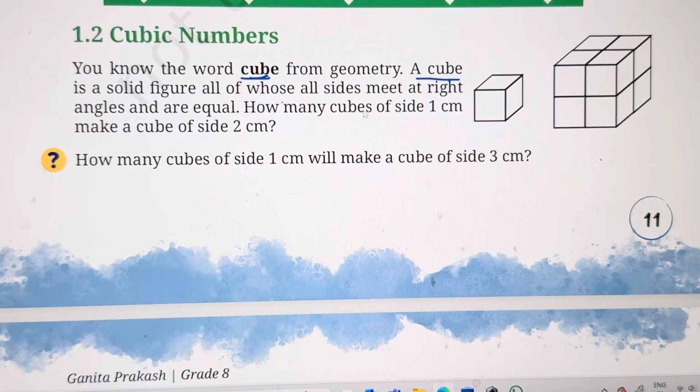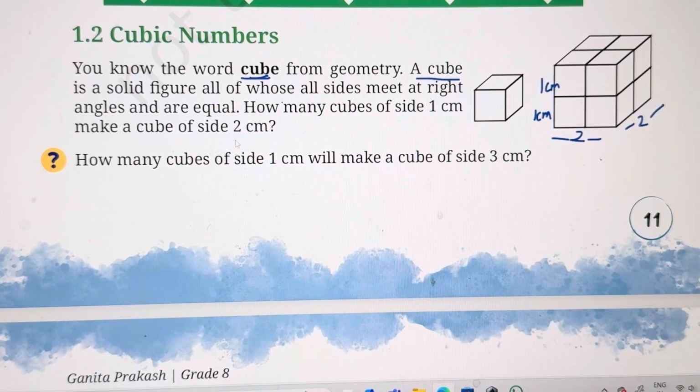Now, how many cubes of side 1 centimeter make a cube of side 2 centimeter? This is 1 centimeter, 1 cube. This is 1 centimeter each, right? So side is 2 centimeter: 2 centimeter lengthwise, 2 centimeter breadthwise, and 2 centimeter height.